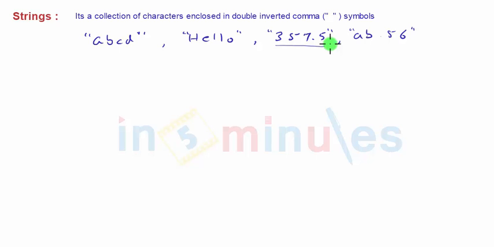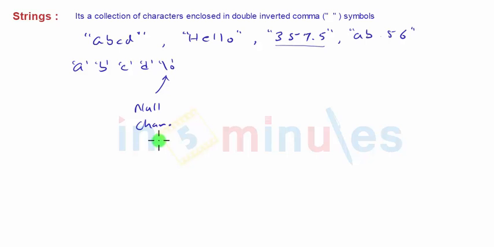Now when this string is stored in the computer, how will it be stored? Each character of a string will occupy one character space, that is 1 byte of memory. So it will be A, B, C, D, and at the end of every string there is one special character added by C itself, that is called a null character. That is always at the end of every string.